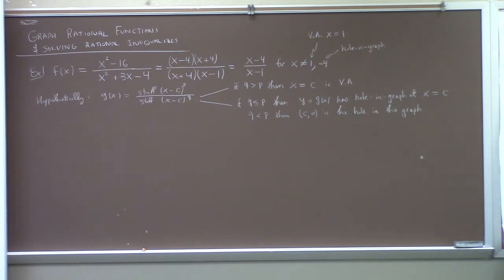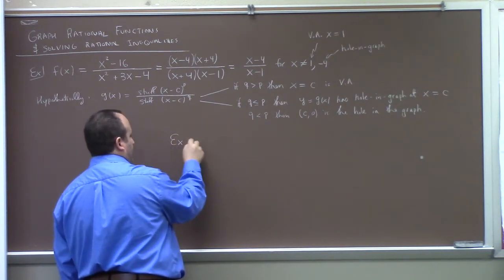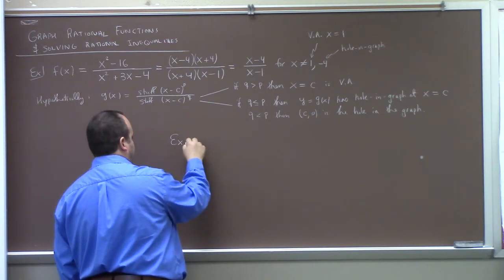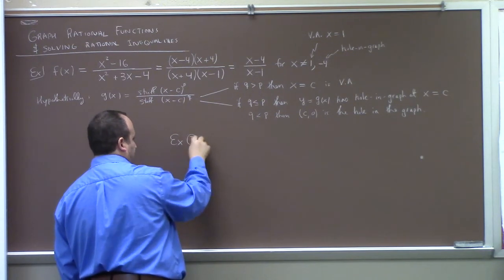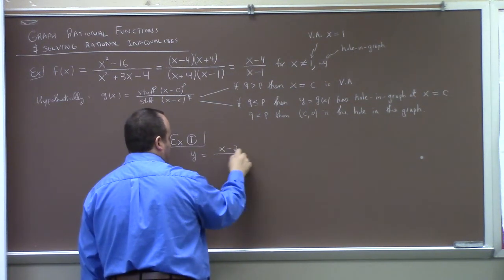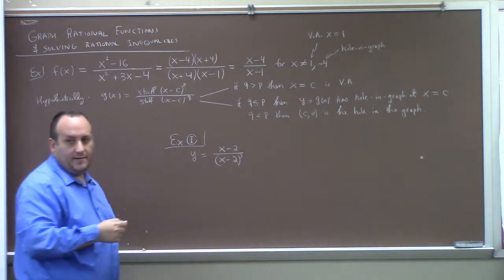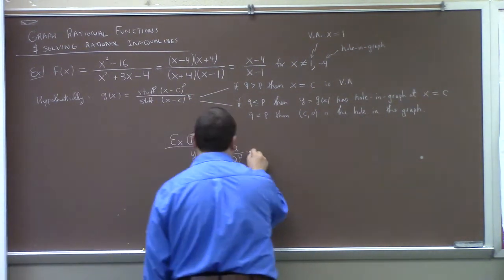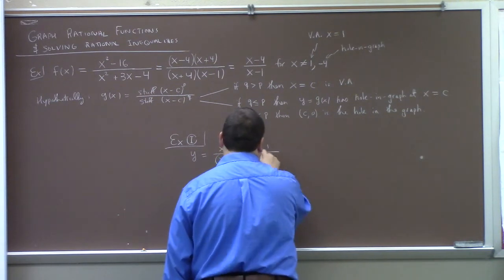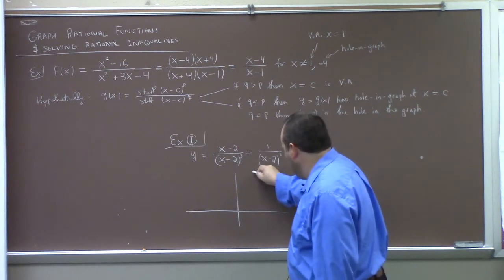Let me give 3 examples, and then I'll return back to our example. But this is a good question. We should just digress and try to deal with this. Example 1, if I had y equals, say, x minus 2 over x minus 2 cubed, then this is just 1 over x minus 2 squared, which has a vertical asymptote at 2.